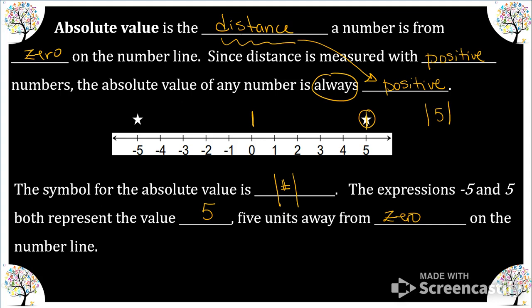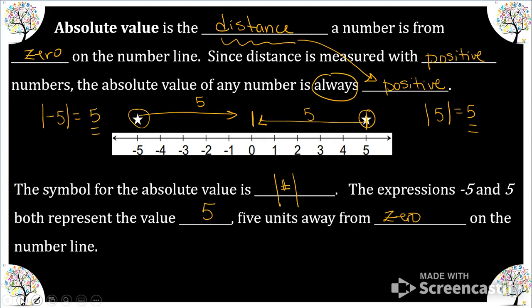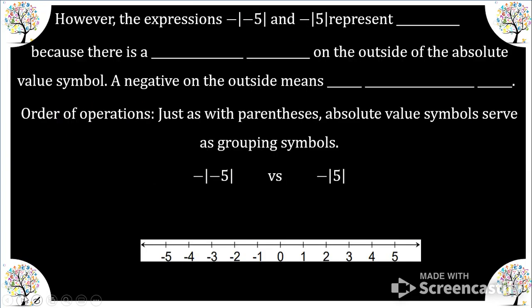So the distance from 5 to 0 is 5 units. If I'm at -5 and I'm asked to find the distance that -5 is back to 0, it too is 5 units. So the absolute value of -5 and the absolute value of +5 are both 5 because it's a distance. Absolute value is a distance back to 0.